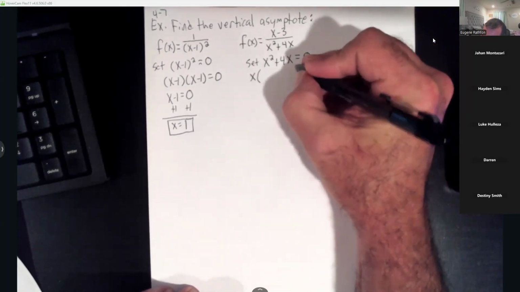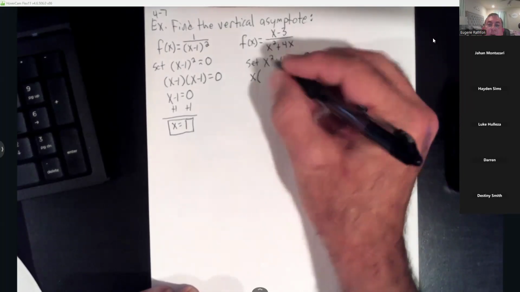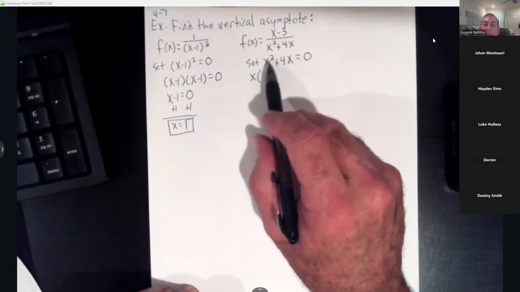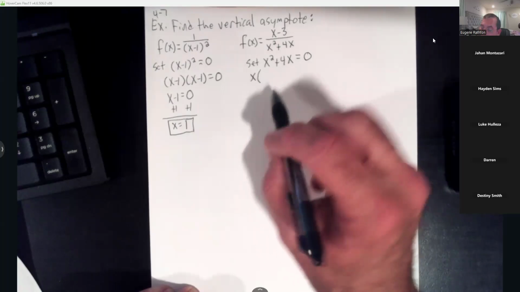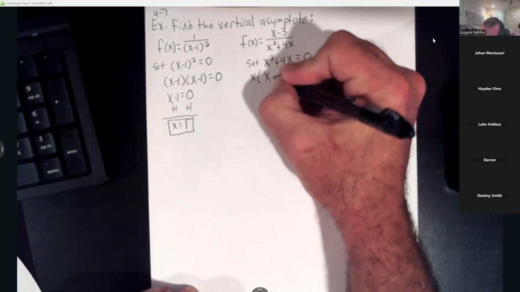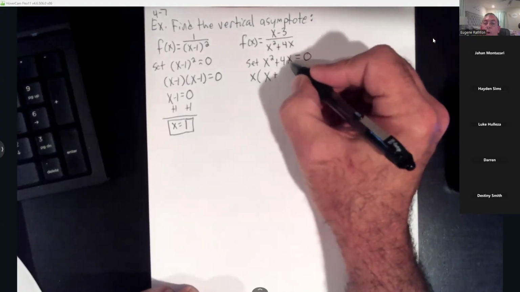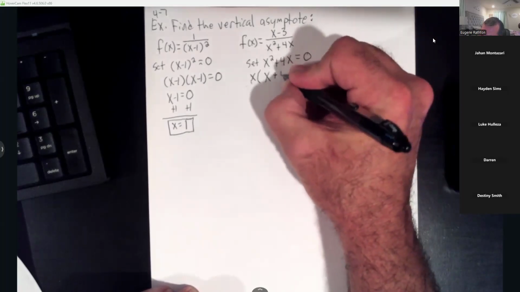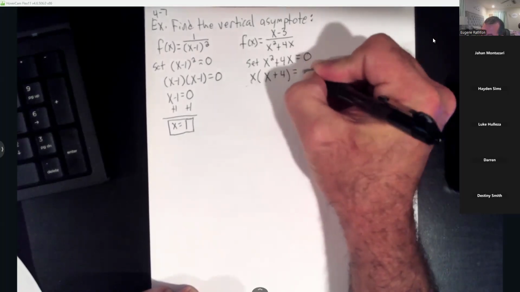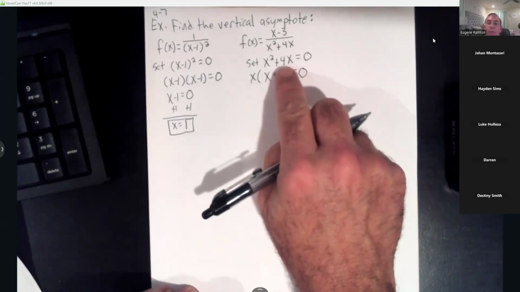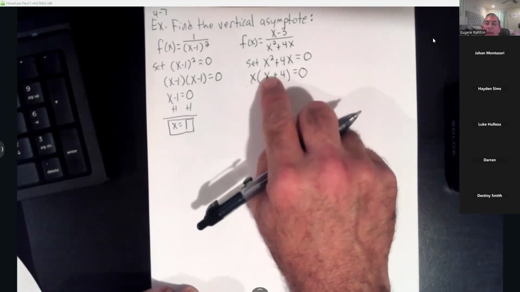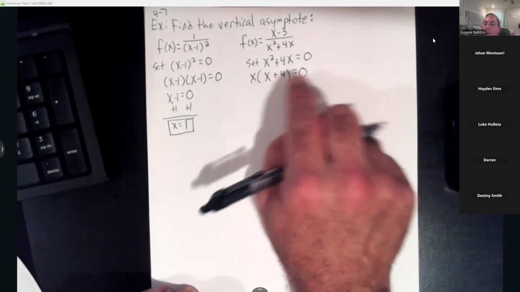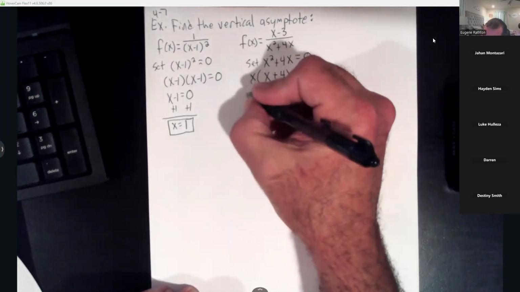If I take an x away from both of these, x squared divided by x leaves you an x, plus 4x divided by x, the x's cancel and leaves you a 4. So this was factoring out the greatest common factor. Now that I've got it factored, I'm going to set both of these equal to 0.